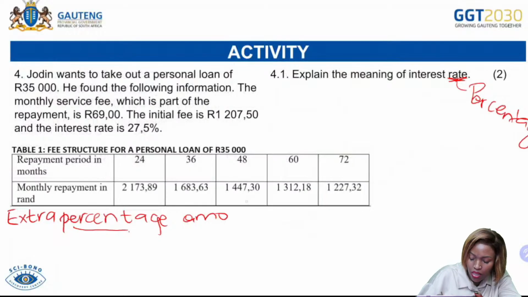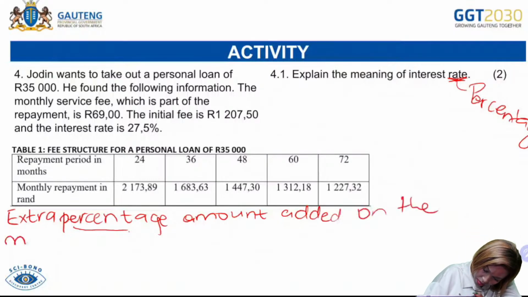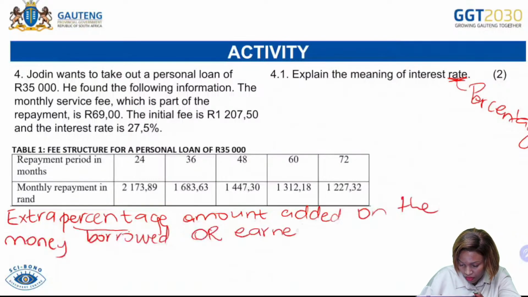The keyword is percentage, added on the money borrowed, or sorry, let me not say added, it's confusing.